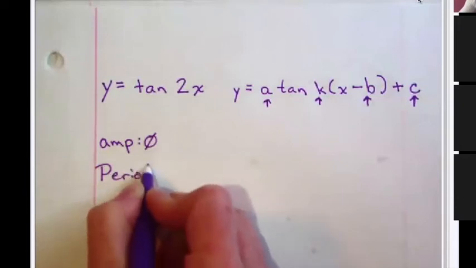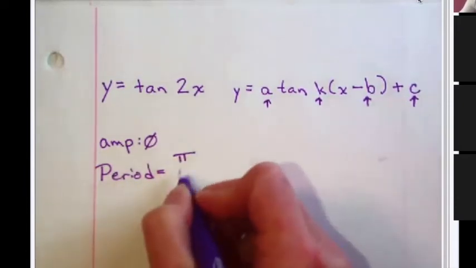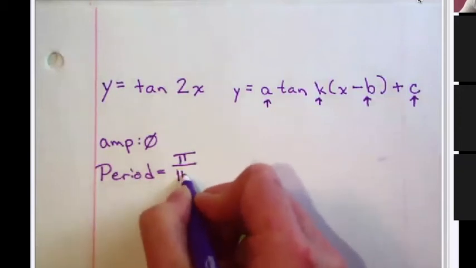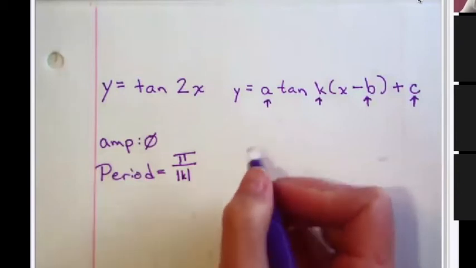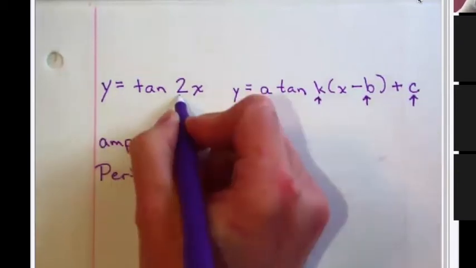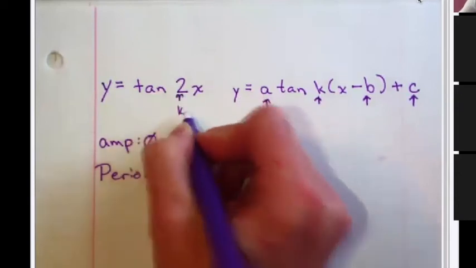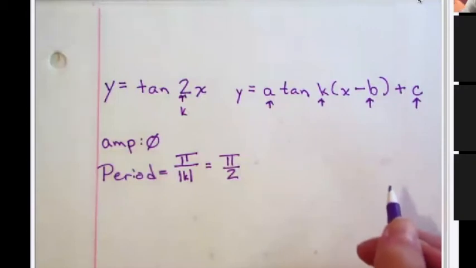The period this time, remember each period in our original graph is pi, so it's going to be pi over the absolute value of k instead of 2 pi over the absolute value of k. So in this case, it's going to be pi over 2 because 2 is my k value. So every pi over 2, my graph is going to repeat, so it's going to be skinnier than my original.